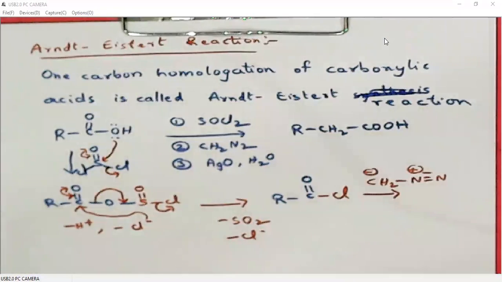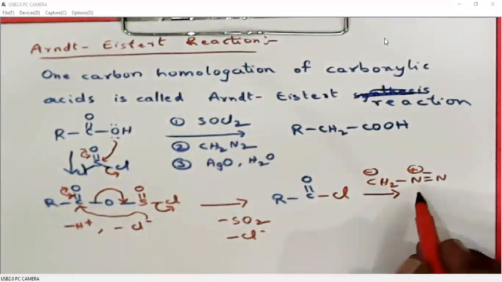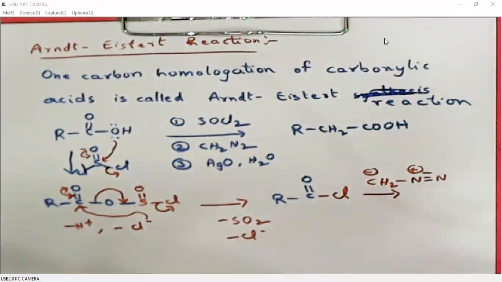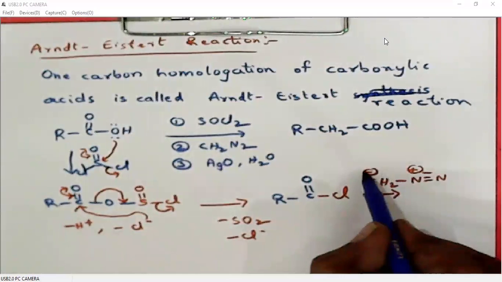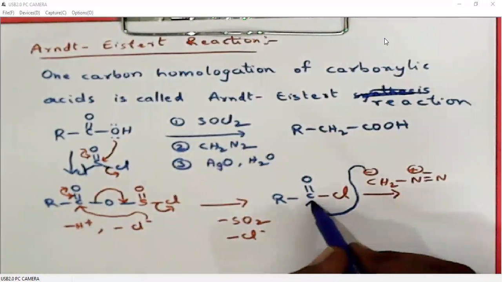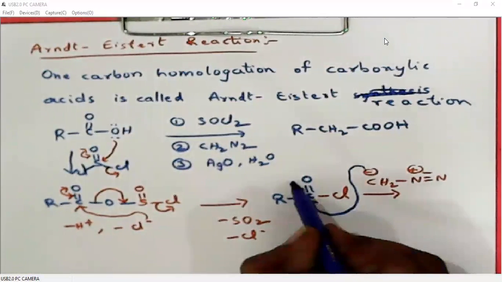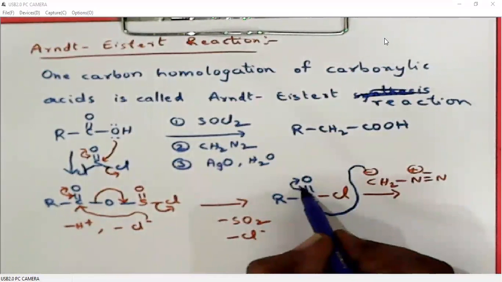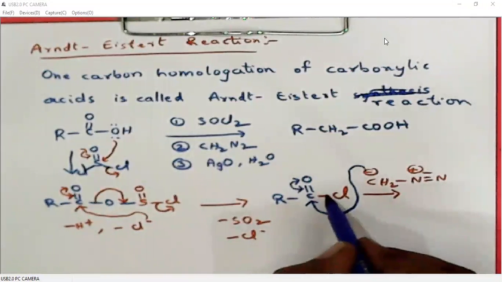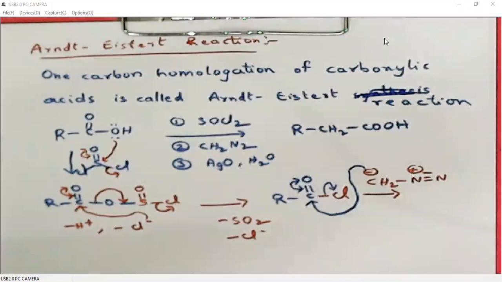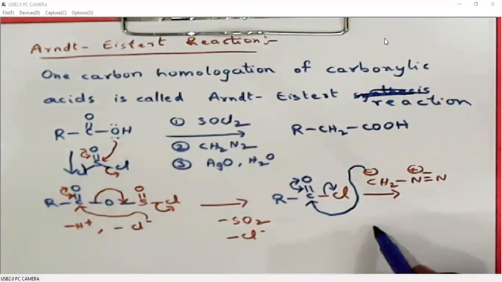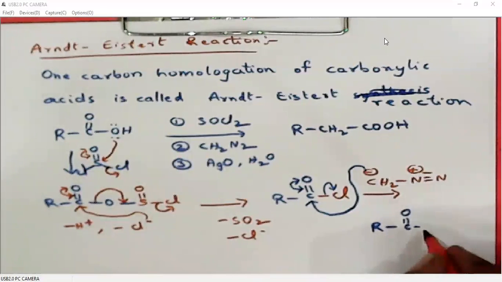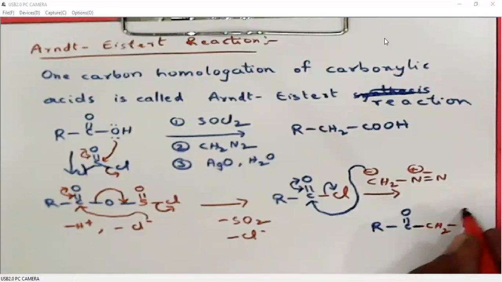to diazoketones. So this is diazomethane, CH2N2. This negative charge now will attack on carbonyl. The carbonyl double bond will polarize towards oxygen, then it will back polarize to generate C double bond O. Then Cl minus will be leaving. So what we are having is RCOCH2N2 plus.